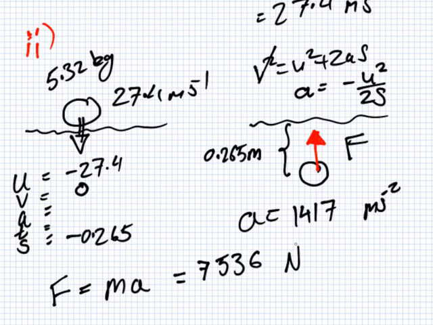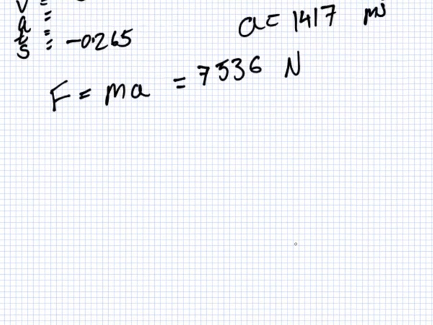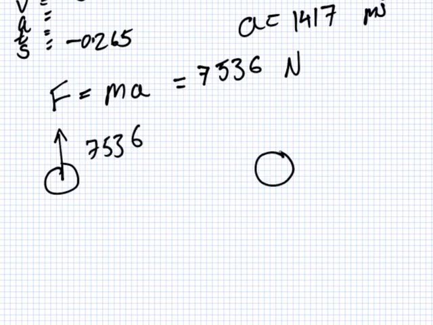Now, I feel like this question's English could have been better, because if I was doing this, I would have looked at it this way. For me, I would still continue, because that is the total net force acting up, yes? But how many forces are acting on this ball? There's actually two forces.